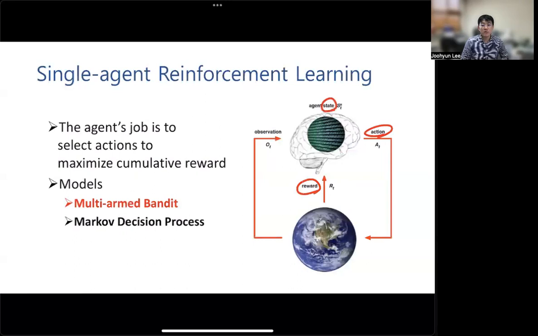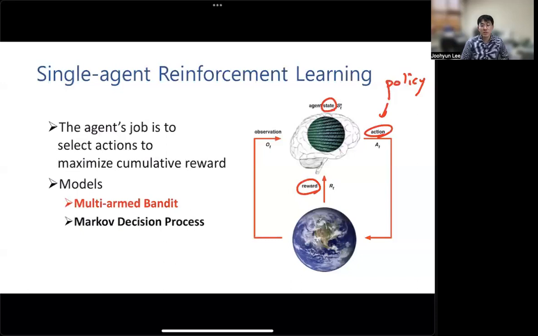Given the current state, a single agent determines an action, and this action can be drawn from some policy. Based on the current state, a policy determines an action probabilistically or deterministically. And the goal of this agent is to maximize the cumulative reward.